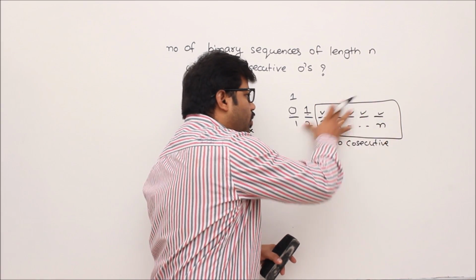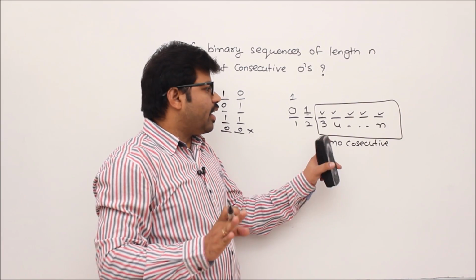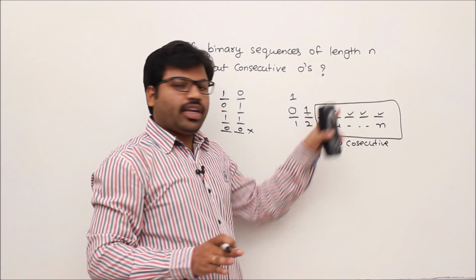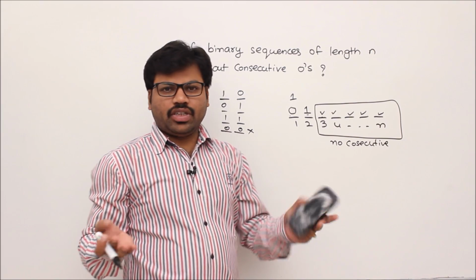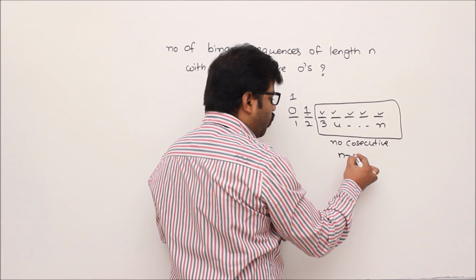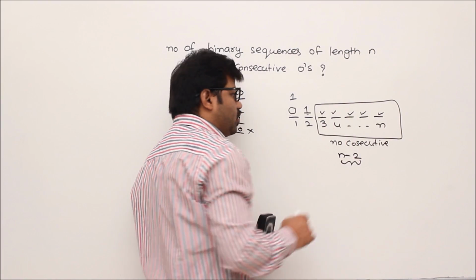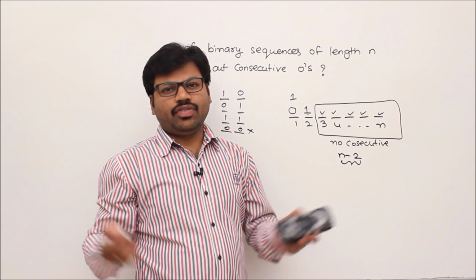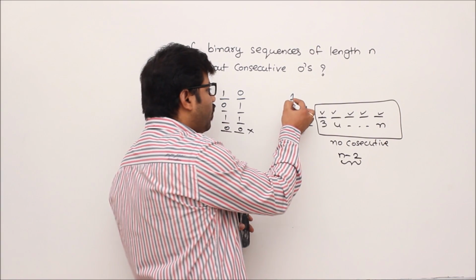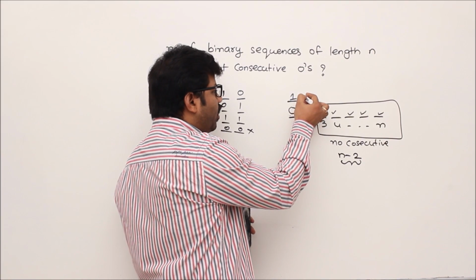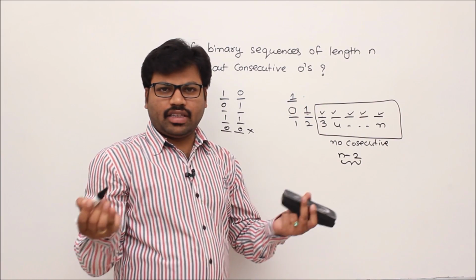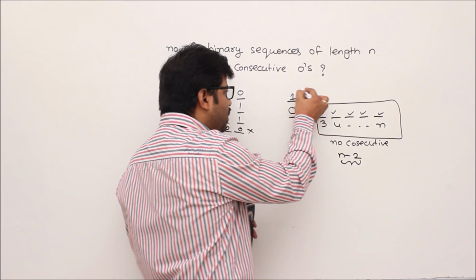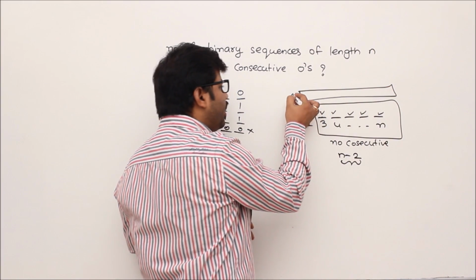So this problem is exactly like, again, how many binary sequences you can form with n minus 2 positions, correct? So we have to form a binary sequence with n minus 2 positions without consecutive zeros. If I fill the first position with 1, then what about the second position? It can be anything. So this remaining entire chunk is not at all depending on 1.